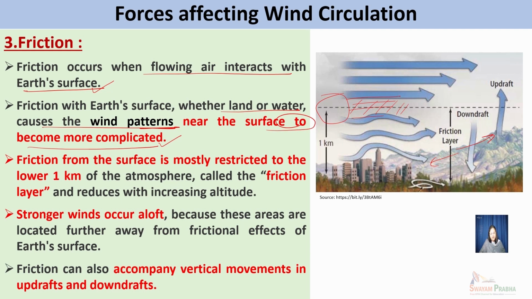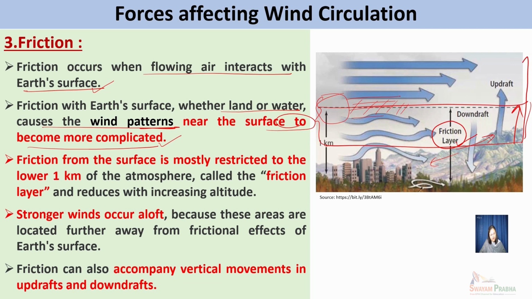As a result, the flow patterns become curved, complex, turbulent, and may flow like eddies in flowing rivers. This friction is the dominant restrictive force, confined to the 1 kilometer layer above the surface of Earth where it is maximum, and this layer is also called the frictional layer.